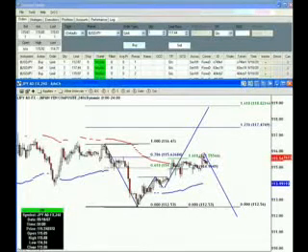So current position, again, a very aggressive short entry. This position right here has already paid about 80 pips on the scalper.